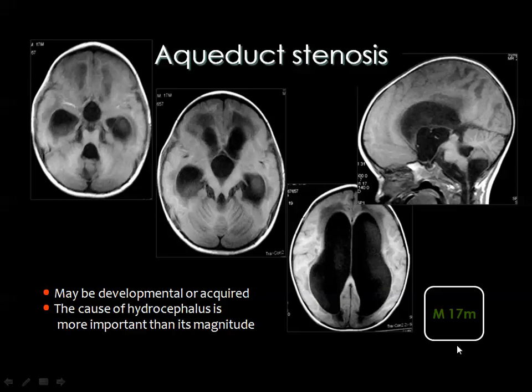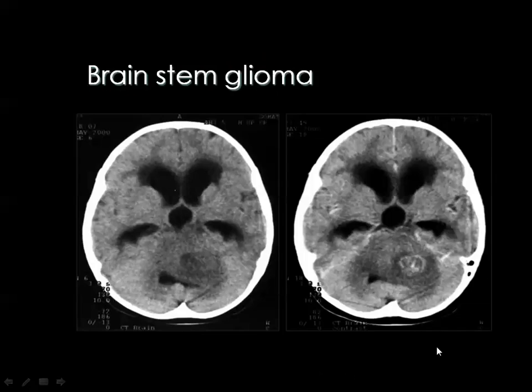And this is an MRI case of aqueductal stenosis in a male 17 months old. You see the third ventricle is ballooned and the lateral ventricles are dilated. In the sagittal image, you can see that the fourth ventricle is more or less good, and the third is hugely dilated as well as the lateral ventricles.